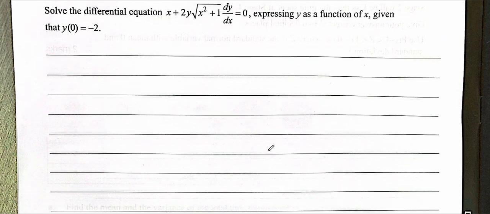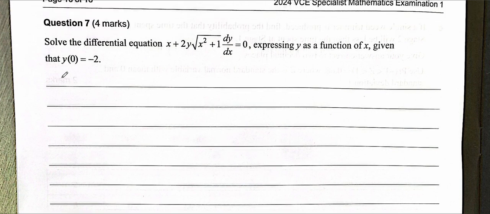All right, solve the differential equation expressing y as a function of x, given that y of 0 is equal to -2. So here, I'm just going to rearrange. The integral of 2y dy is equal to the integral of -x over root x squared plus 1 dx. On the left side, we just have y squared. On the right side, if we let u equal to this, it's going to cancel that out.